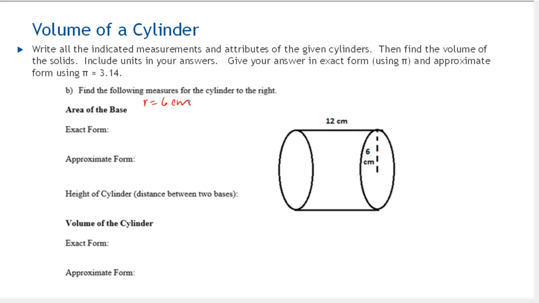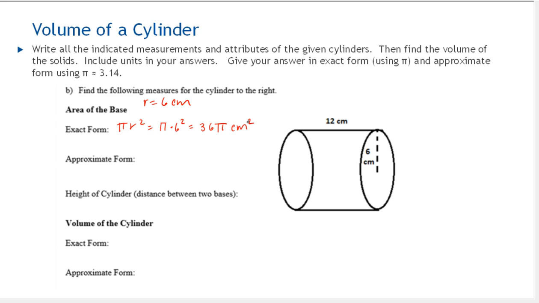Now the area of our base is pi r squared, which equals pi times 6 squared. 6 squared is 36. I'm going to write that first, and then pi, and our unit, since this is an area, is centimeters squared.